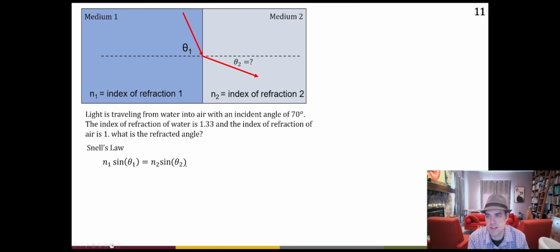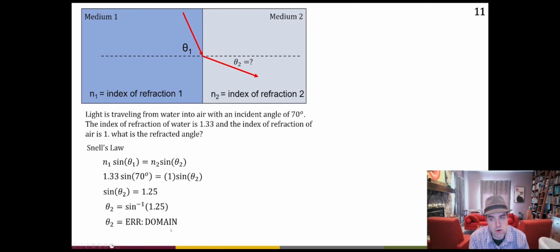So let's jump to Snell's law. n1 sine theta 1 equals n2 sine theta 2. We have everything here except for theta 2, just like the previous example. And we're going to plug everything in, and we arrive at sine of theta 2 equals 1.25. Again, to get rid of this sine function, we take the inverse sine of both sides, and we arrive at theta 2 equals the inverse sine of 1.25. Now, if you plug this into your calculator, you're going to get an answer like error domain.